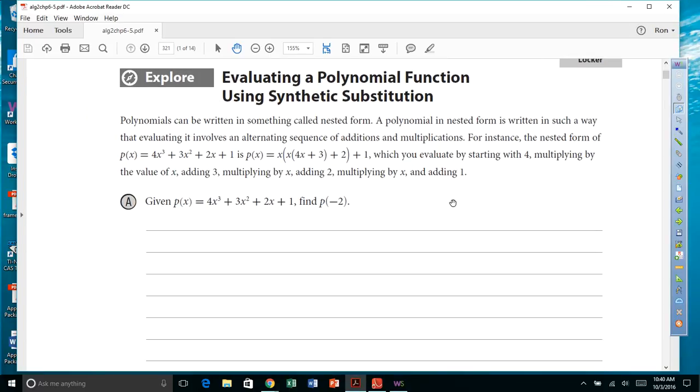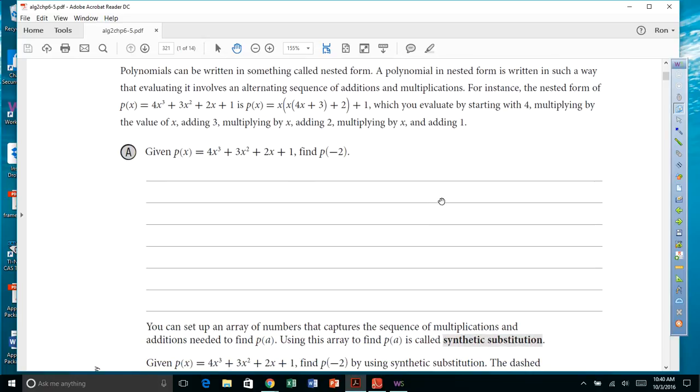Evaluating a polynomial function using synthetic division. Polynomials can be written in something called nested form. A polynomial in nested form is written in such a way that evaluating it involves an alternating sequence of additions and multiplication.